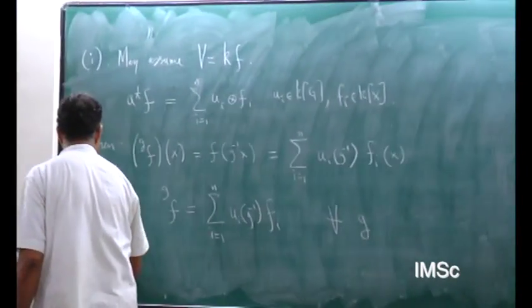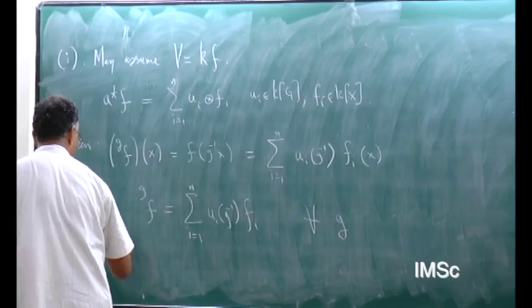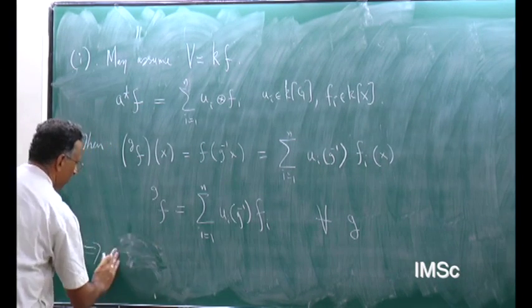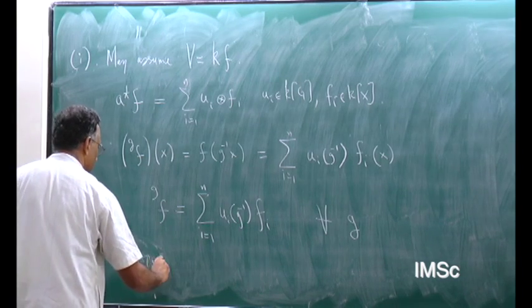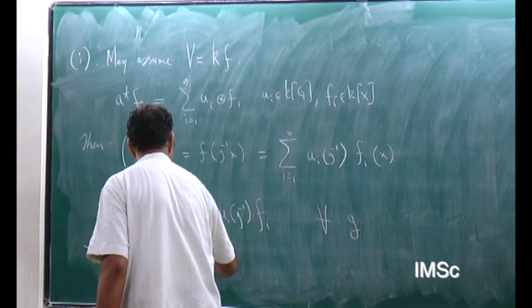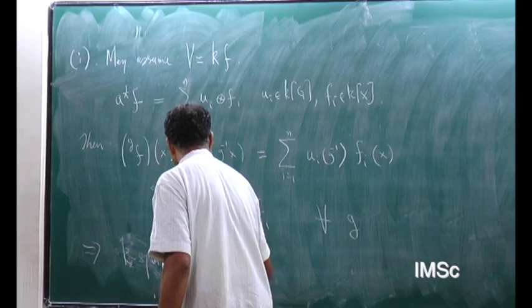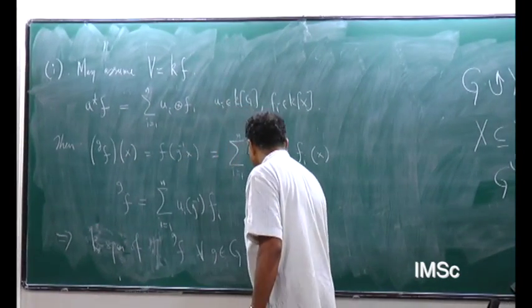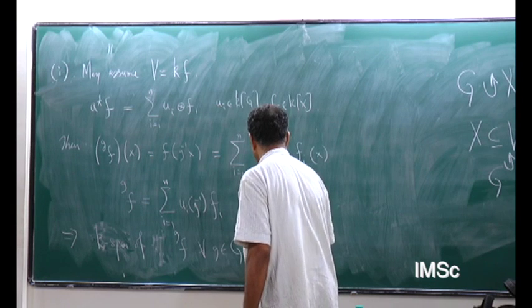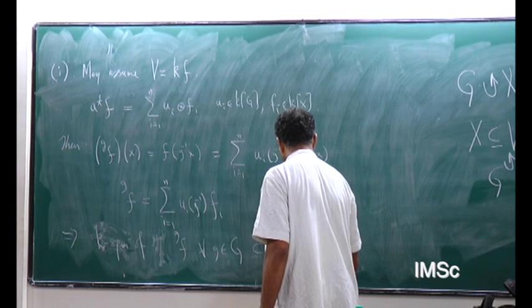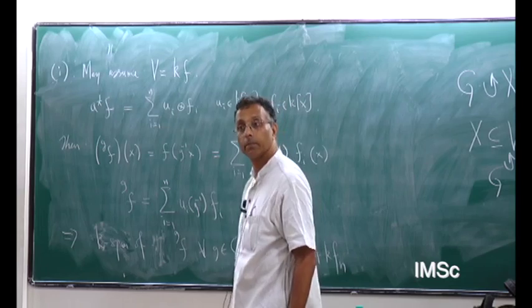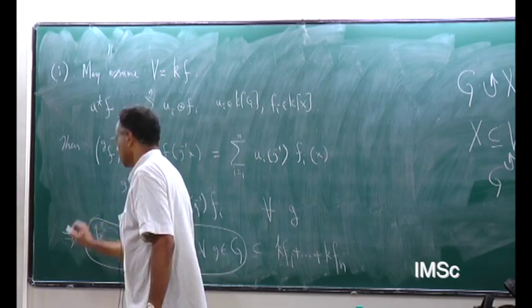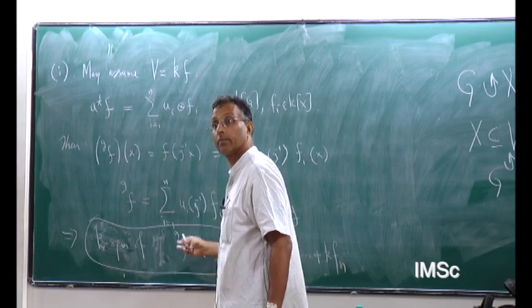This implies that the K-span of all GF, for all G in G, is contained in this span of F1 up to Fn, and this is G invariant.